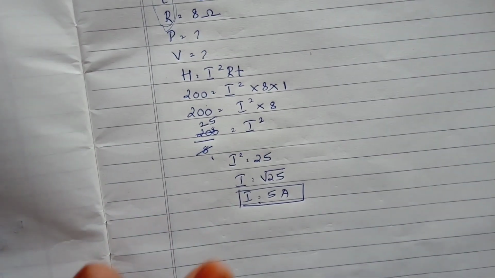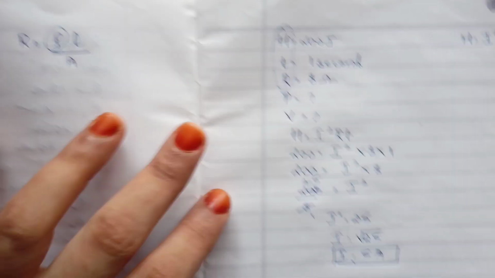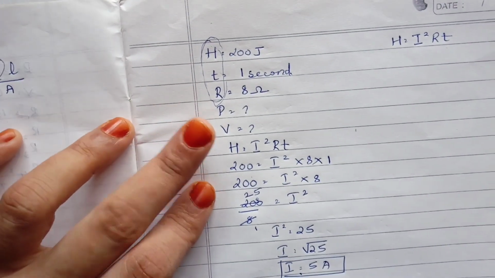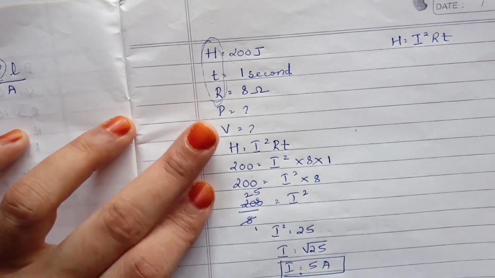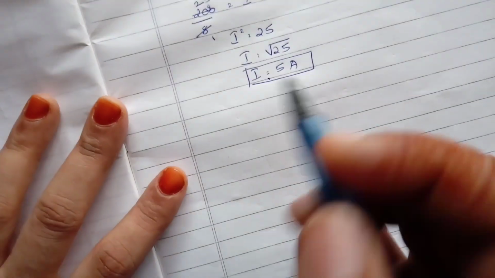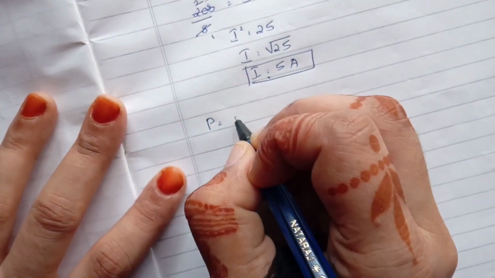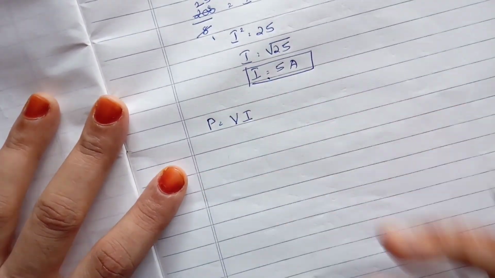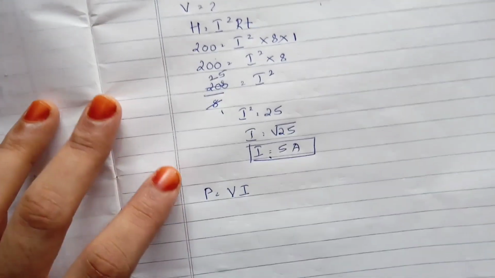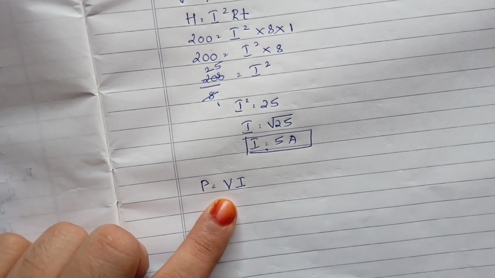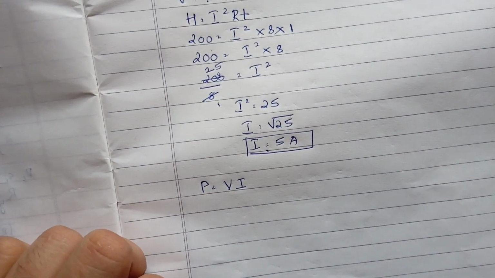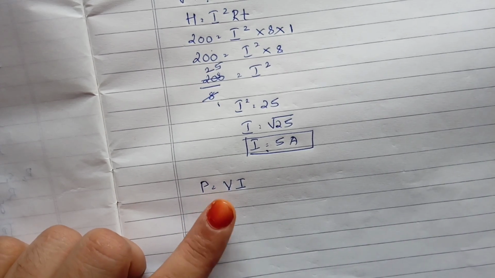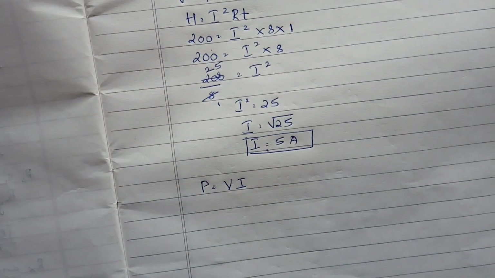So I have found I, which was not at all asked of me. The question they have asked me is to find P and V, but to connect them we need I. So now I'll tell you why. To find power, my formula is V into I. Now we don't have V, we don't have I, right? So what I'm going to do is substitute this.